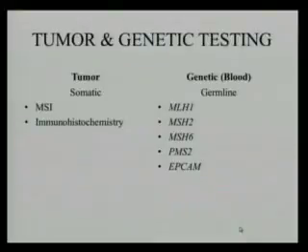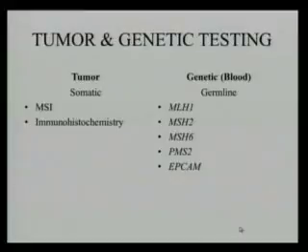So what we do for these patients, when we find a colon cancer, we normally test the tumor for MSI and immunohistochemistry. And if we see instability or lack of protein on immunohistochemistry, we refer the patient for genetic testing and we check for those genes.